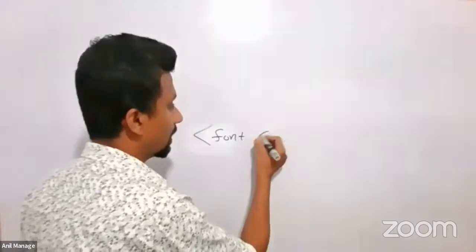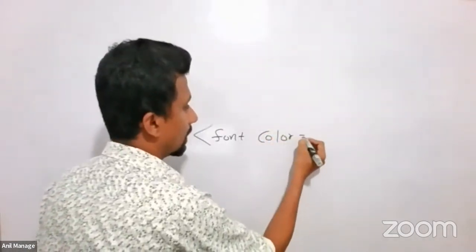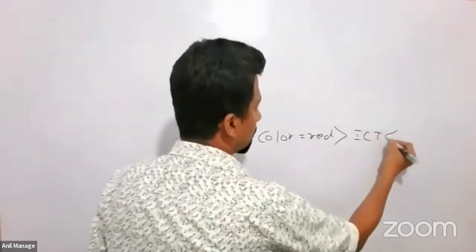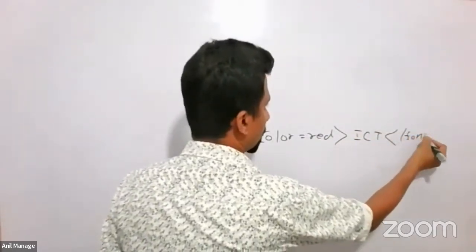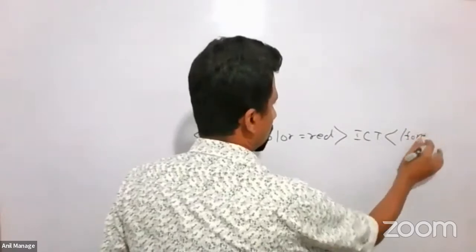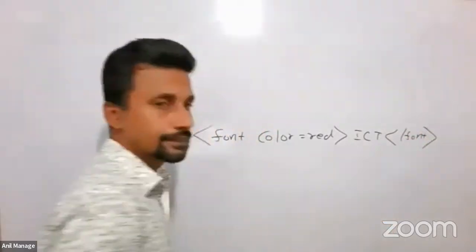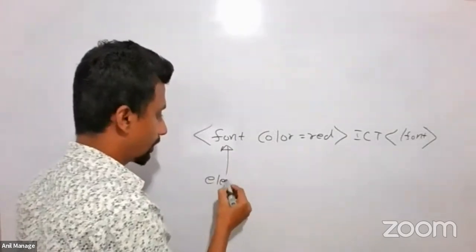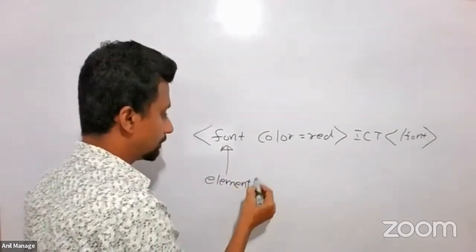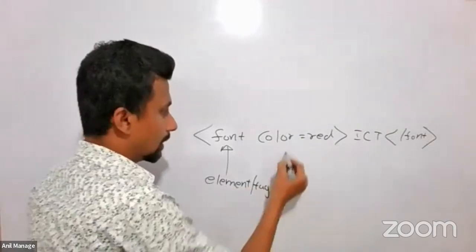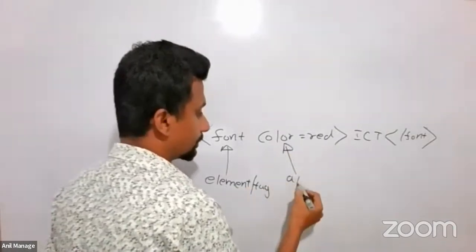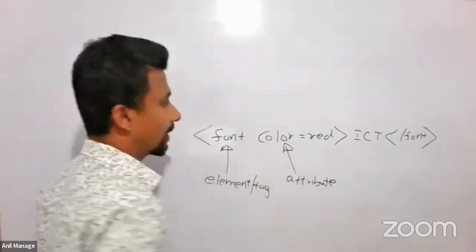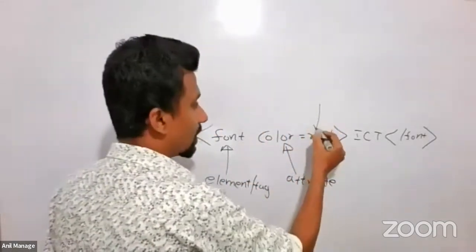As an example, if I put color equal red, then I put the word ICT, then I close the font tag. Right? Now here, this is my element or tag. This is called the attribute, the characteristic of this font tag. This is my value.